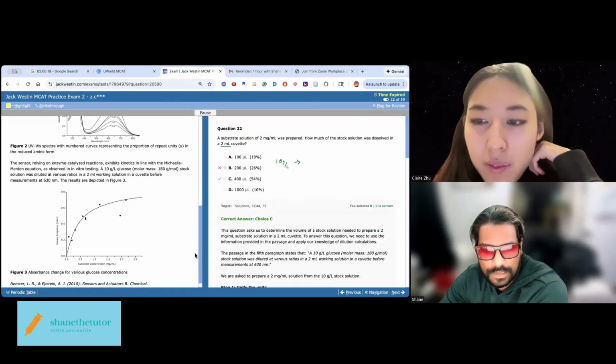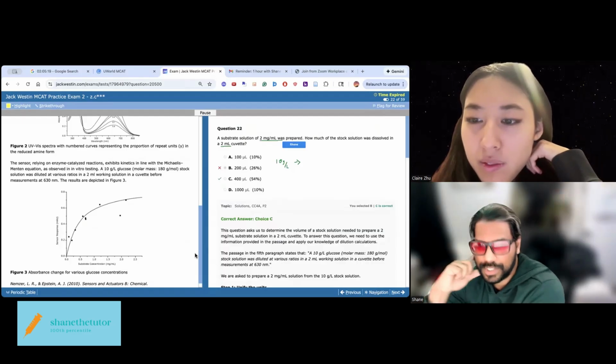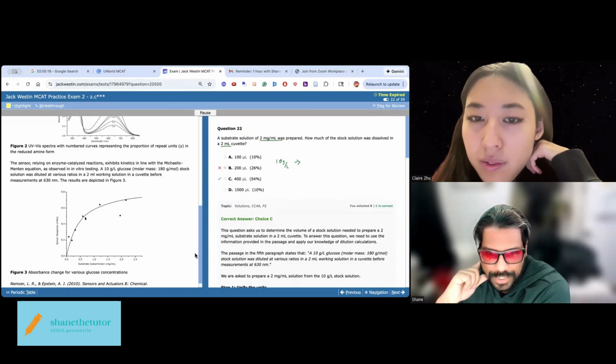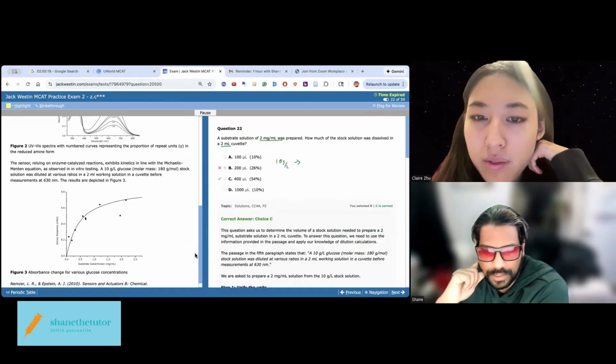Okay. Let's see. A substrate solution of 2 milligrams per milliliter was prepared. How much of the stock solution, which is the 10 grams per liter, was dissolved in a 2 milliliter cuvette?